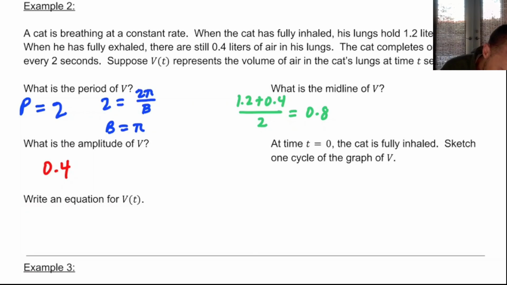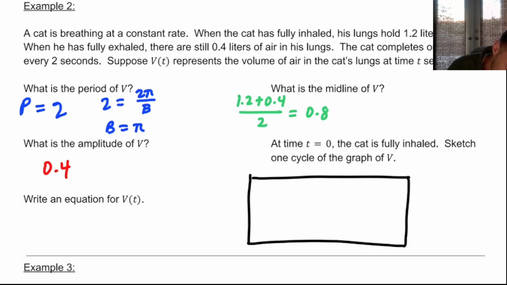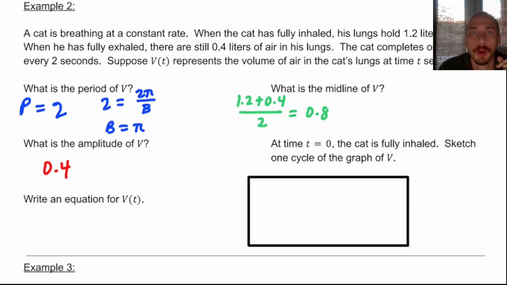And at time t equals 0, the cat is fully inhaled. Sketch one cycle of the graph of v. Okay, and I'm noticing I didn't draw the axes on the last one, and that's because I was only using the graph to find an equation. This one, if they're asking me to make a graph, maybe I'll put in the axes, maybe I won't. We'll see.